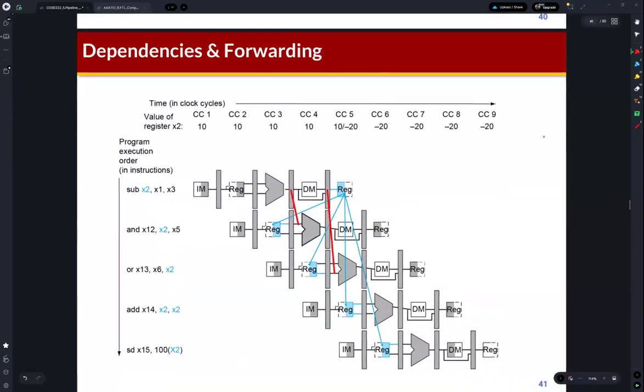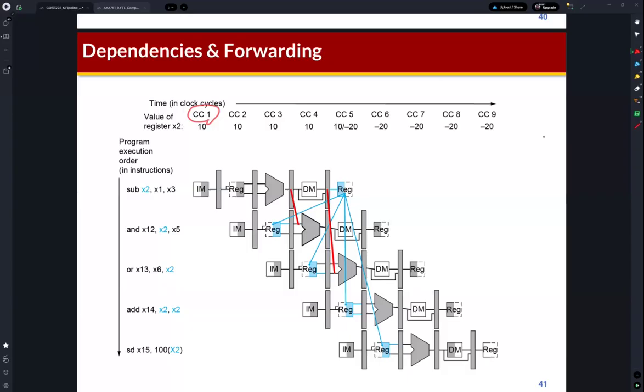This figure explains how the data can be forwarded in the pipelined CPU architecture. As we learned, CC represents the clock cycle, and the number represents the clock cycle number, right? And this is the sequence of instructions, right?